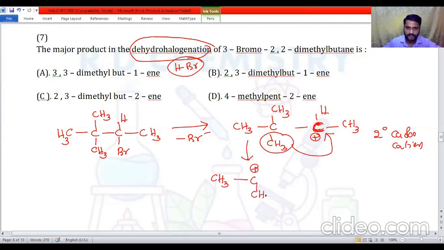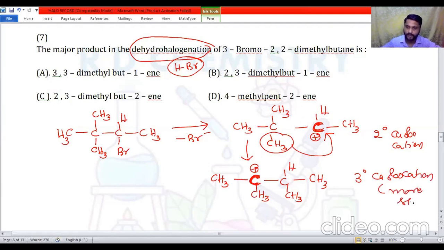Then CH3 is remaining, then C, H, new CH3, then CH3. Now see this one. This carbon is attached to 3 more carbon atoms. Therefore, this is the tertiary carbocation. And the tertiary carbocation is more stable compared to secondary and primary.